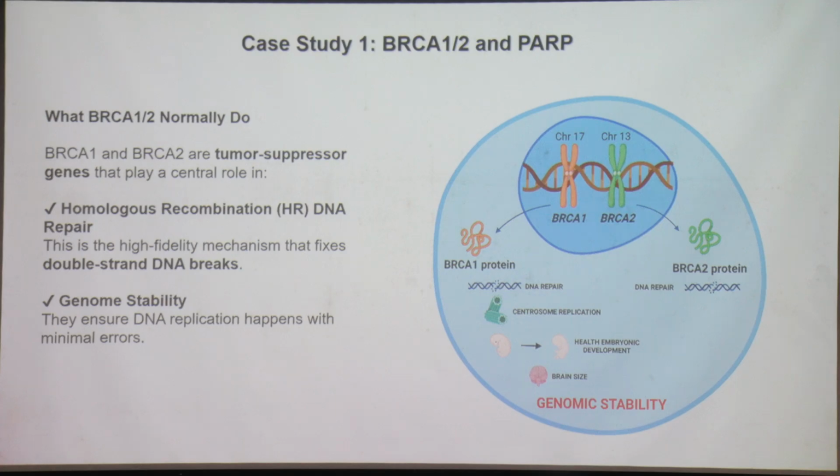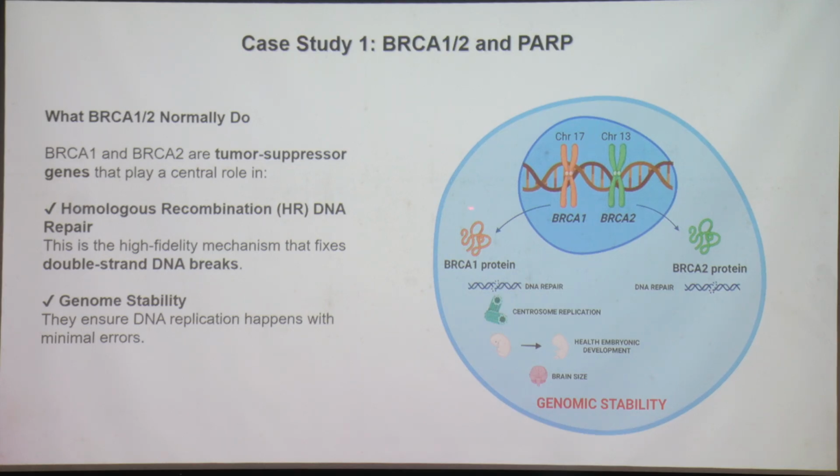They are tumor suppressor proteins and they are involved in the DNA repair pathway. DNA is broken in 2 ways, single-stranded break and double-stranded break. Double-stranded breaks are obviously much more complex and much more dangerous.